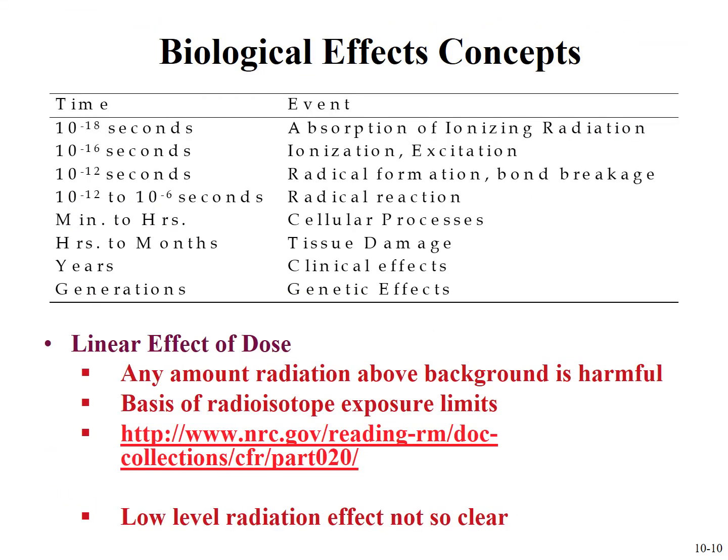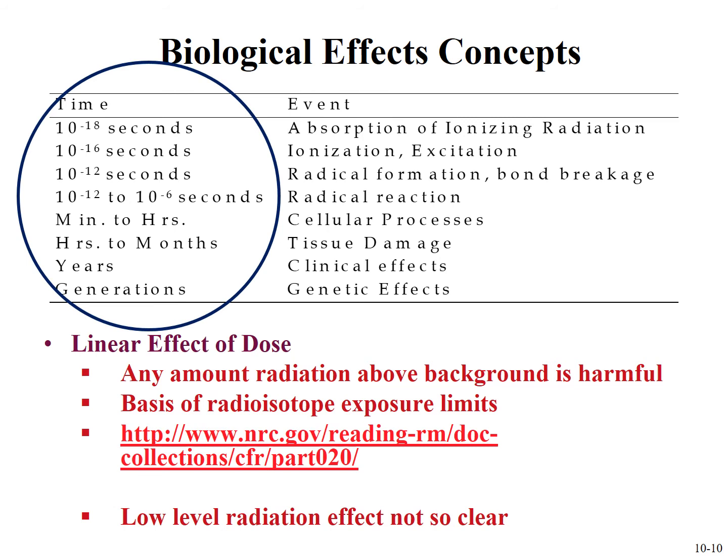One of the reasons that we can only evaluate this detriment as a probability has to do with the actual biological effects due to radiation exposure. As we see here, there's a table of events that can occur as a function of time due to biological interaction with radiation.